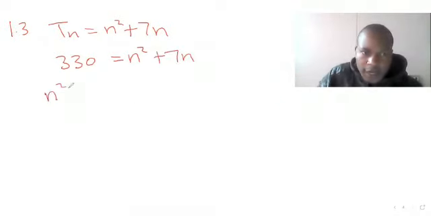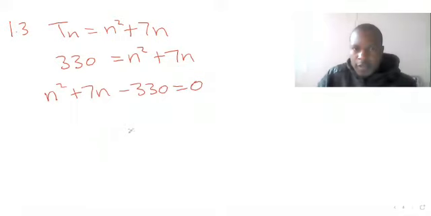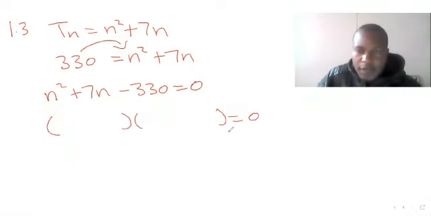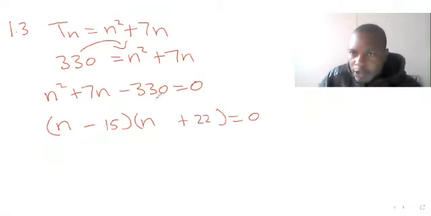Now we can look forward to solving a quadratic. We just move the 330 to the right-hand side. Now we can solve this by factorizing, and we can find that if we had 22 as well as 15, and that is negative and that's positive, we would have factorized the quadratic.